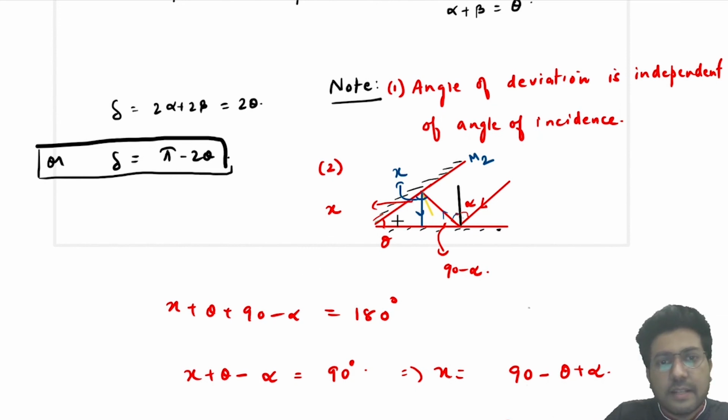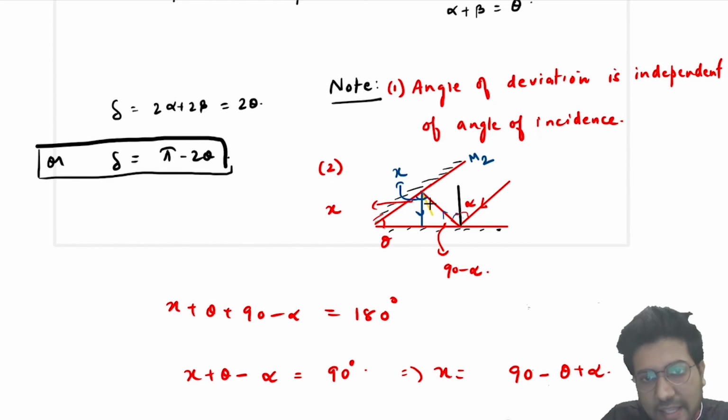All right, then in this triangle you will say that x plus theta plus 90 minus alpha is 180 degrees, because in this whole triangle, this is 90 minus alpha, this is theta, and this whole angle is x. This x is with the incident ray. From this you will get x is equal to 90 minus theta plus alpha.